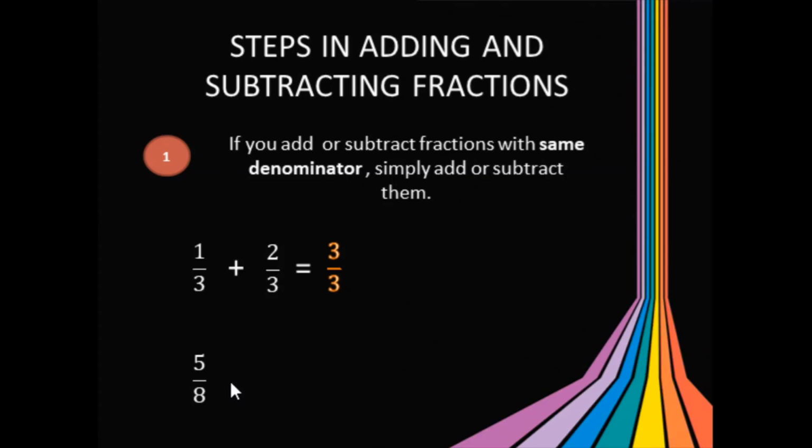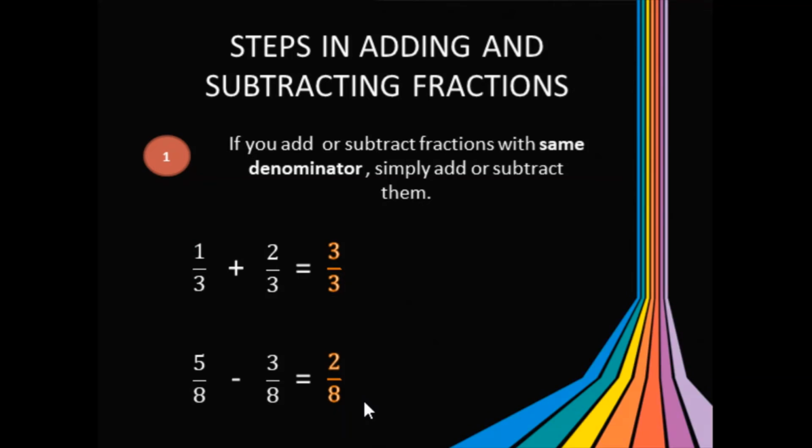Or, let's have another example. 5/8 minus 3/8. They are both 8 and 8, so no problem. You subtract it directly. 5 minus 3 is equal to 2 and copy 8. So we get 2 over 8 or 2/8.